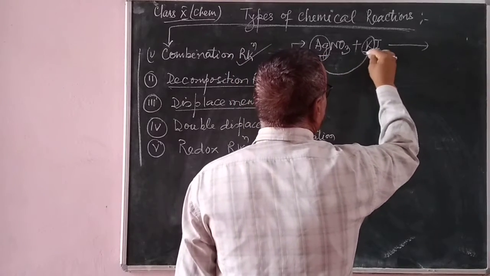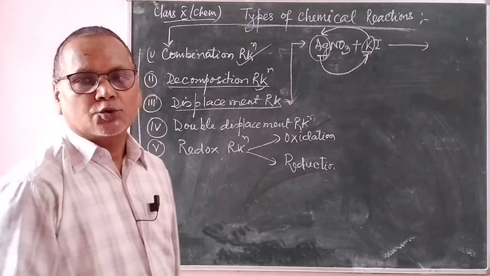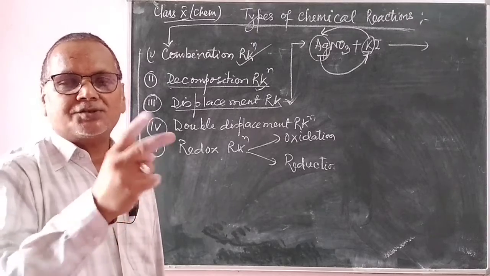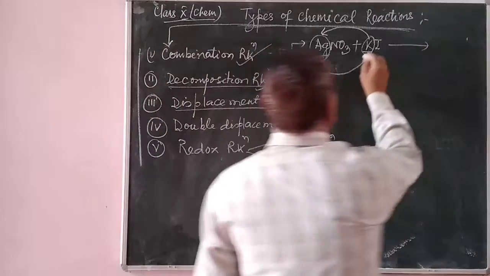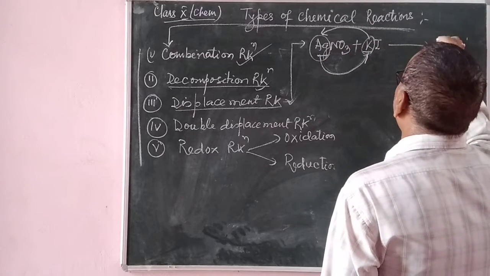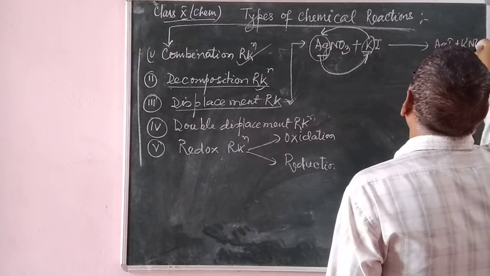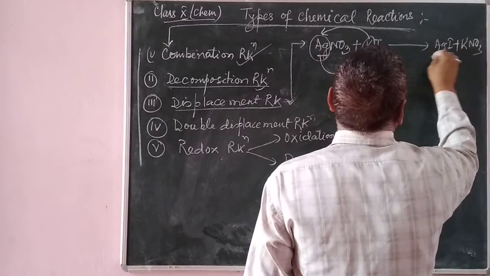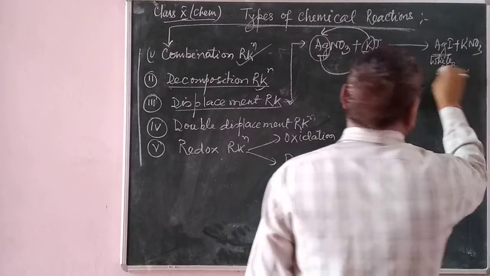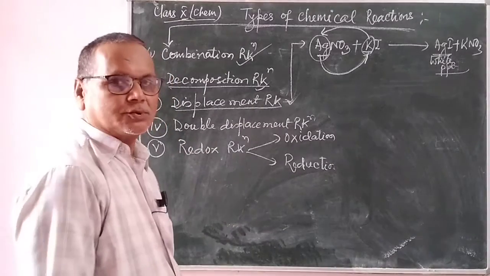Silver takes the place of potassium and potassium takes the place of silver. Both displace each other. So it will form silver iodide plus potassium nitrate. Silver iodide is a white precipitate that is formed.